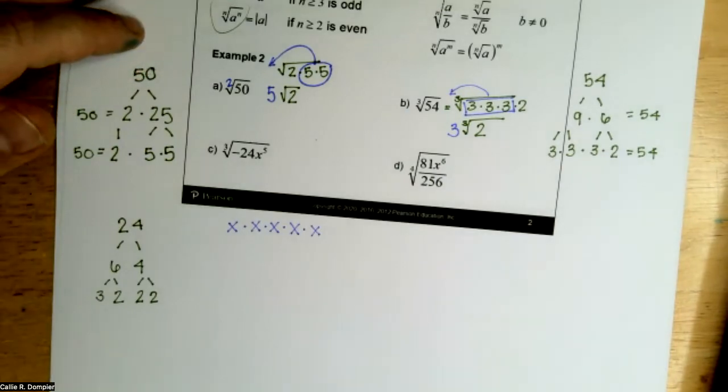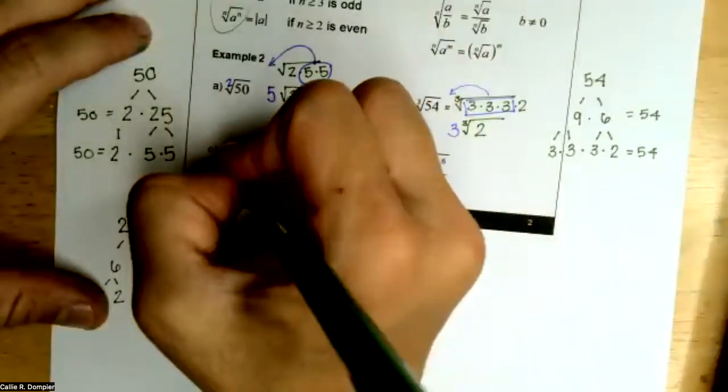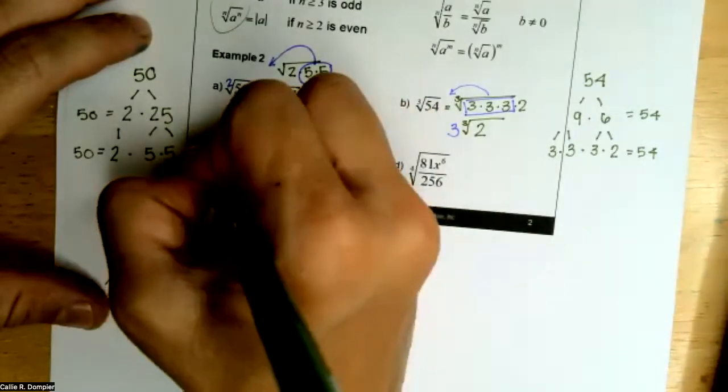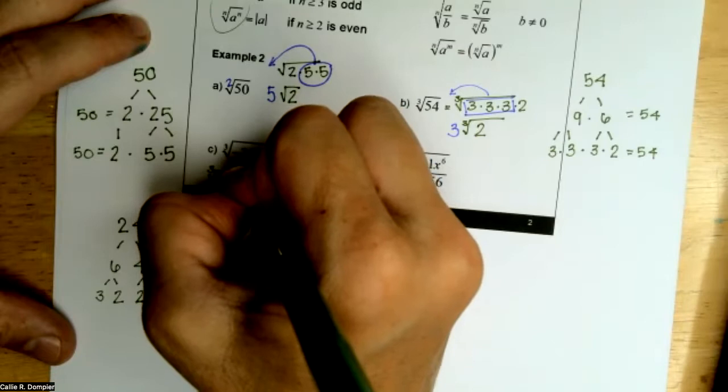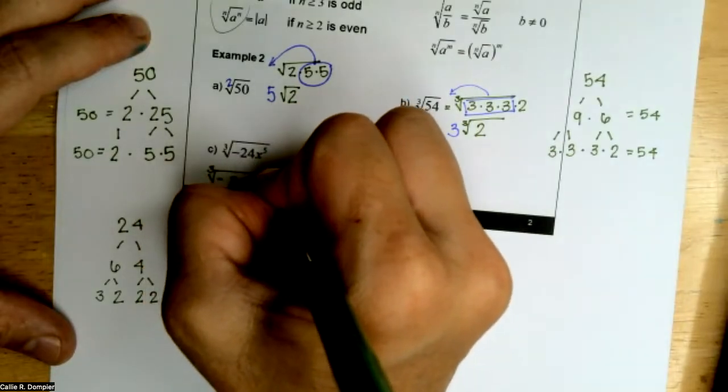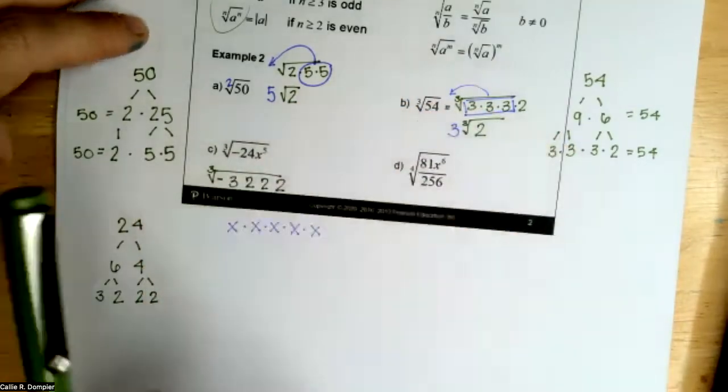Good. So we have the cubed root of negative 24 is the same as the cubed root of negative all of this, right? 3 times 2 times 2 times 2 times 5 x's.